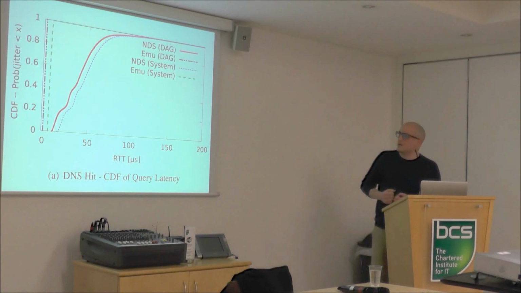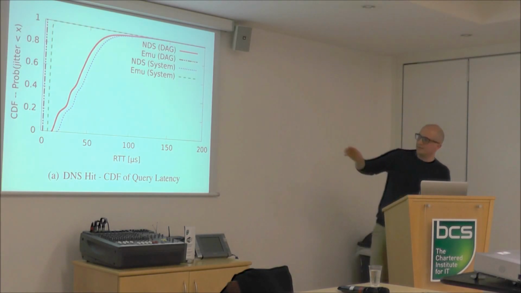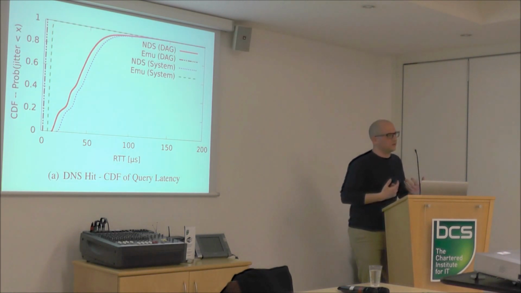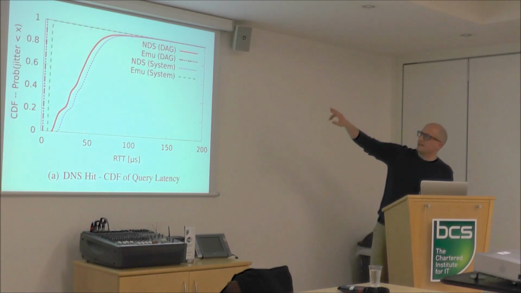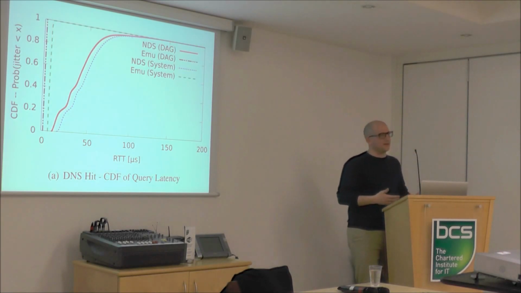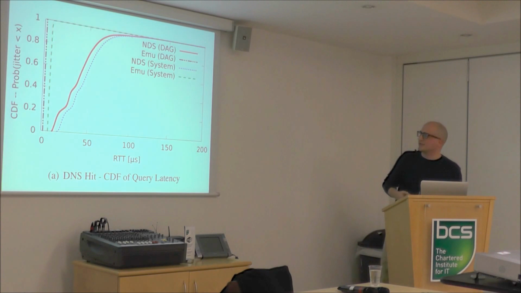So another test we did consisted of pitting our DNS server against a DNS server running in Linux. I want to draw your attention here to the black and the red lines, because those are measurements made with much more precise hardware. The red line is NSD, which is a DNS server available on Linux, which we run on Linux.